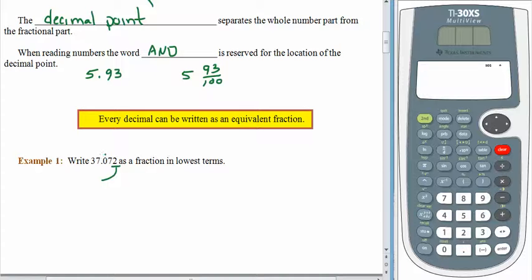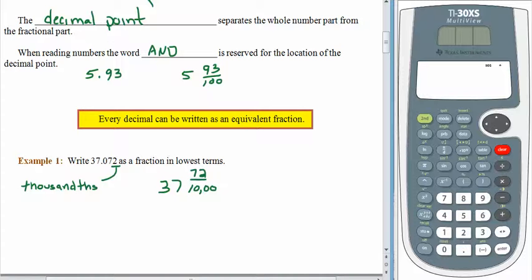So we have tenths where the 0 is, hundredths where the 7 is, and thousandths, right, with that THS where the 2 is. So this is 37 and 72 thousandths.